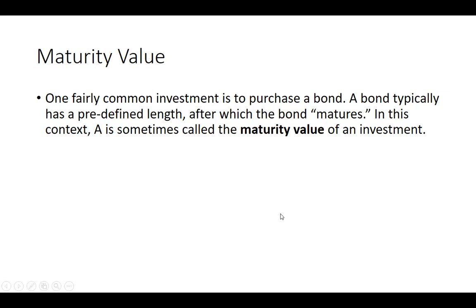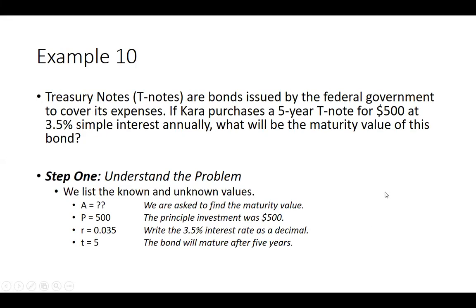One fairly common investment is to purchase a bond. A bond typically has a predefined length after which the bond matures. In this context, A is sometimes called the maturity value of an investment. Example 10.